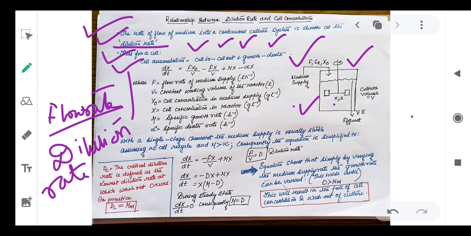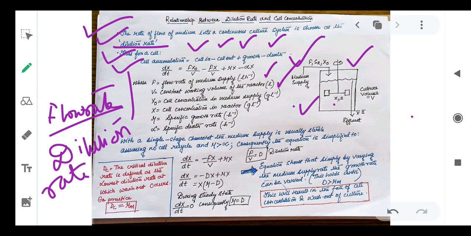So dx by dt is equal to Fx0 by V. What is F? F is the flow rate of medium supply. What is x0? x0 is the initial number of cells in the medium supply. The seed tank which is giving the cells into the fermentation vessel, that is your x0. V is the constant working volume of the bioreactor.